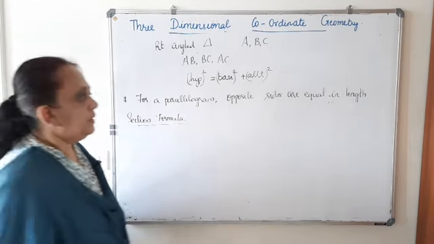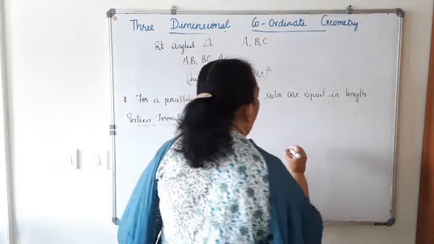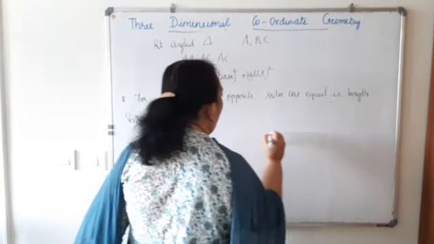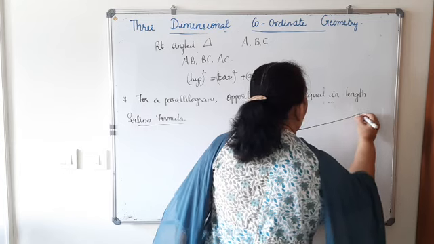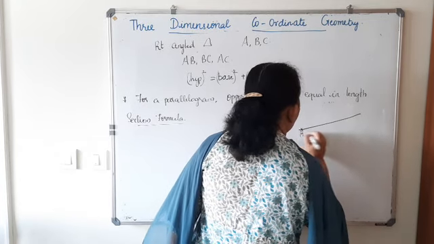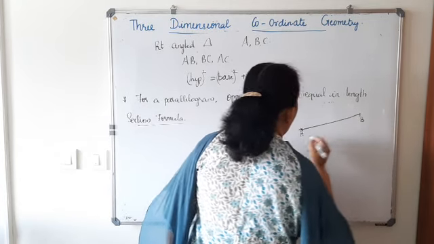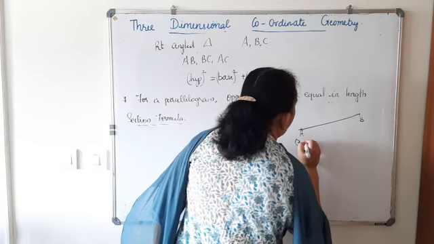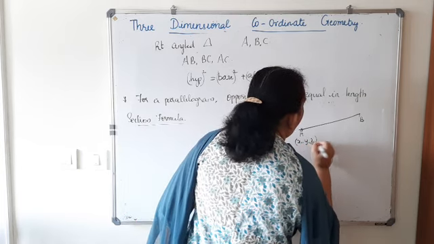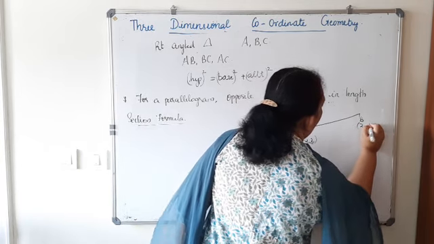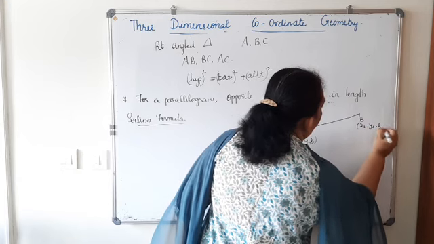Now, suppose there are 2 points A and B: x1, y1, z1 and x2, y2, z2.